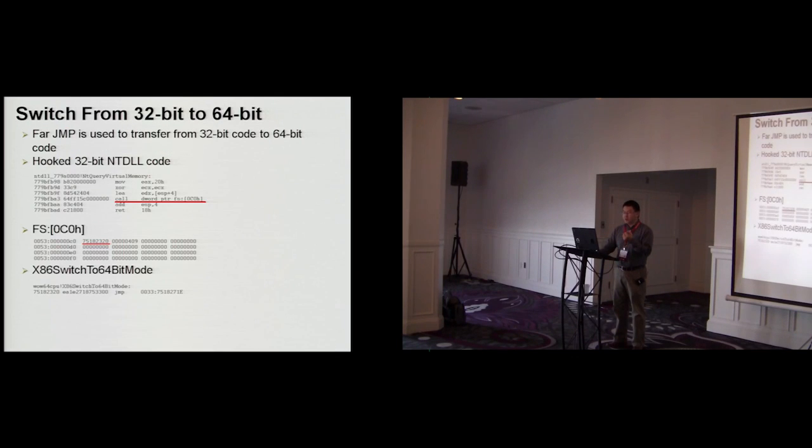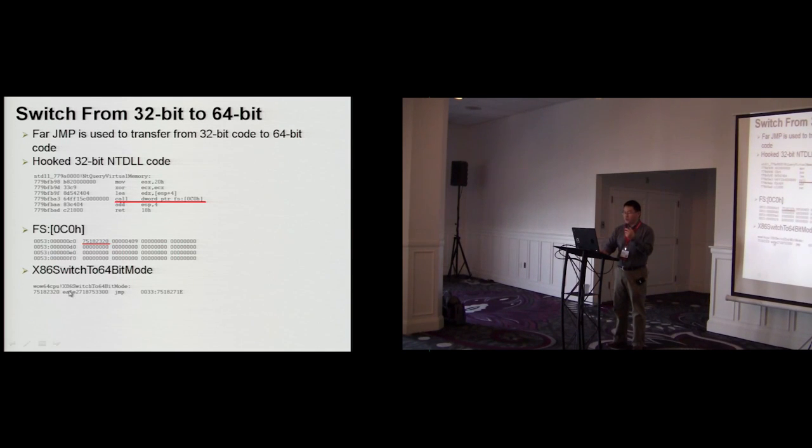If you look at the code, how they transfer mode, for example, we look at this one. That's the query virtual memory. In WoW64, if you call this code in 32-bit NTDLL, they will call into FS offset C0. This one keeps one address for the translation, the switch code.